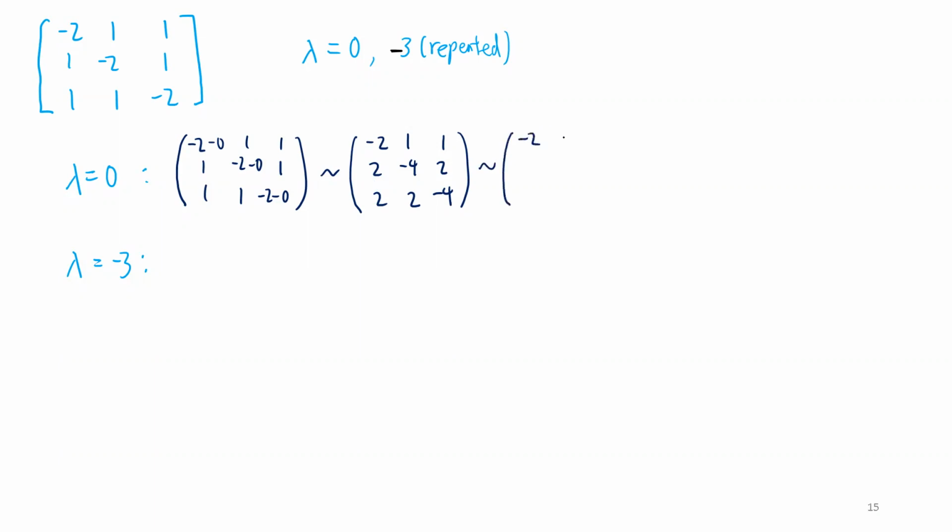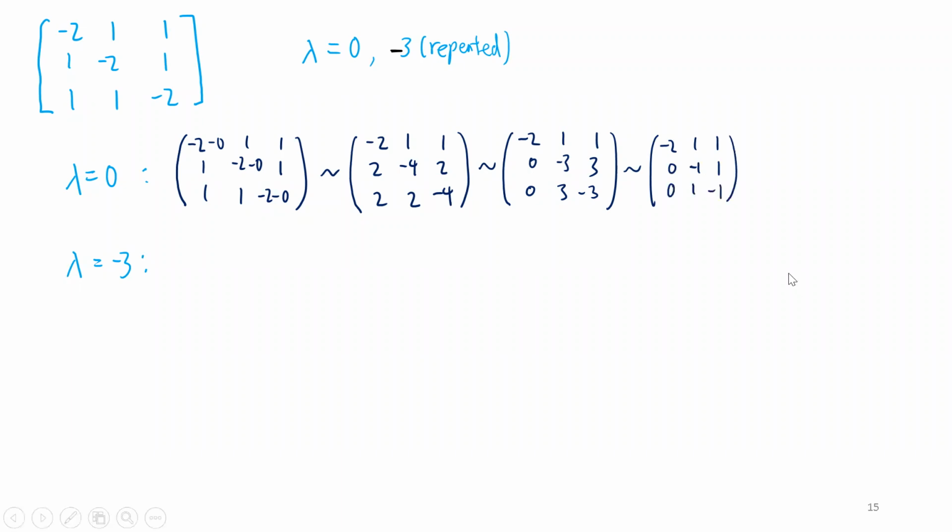Then I have minus 2, 1, 1, and then 0, 0, and you find that this is minus 3, 3, and 3, minus 3. Of course the second and third rows are giving you the same information.